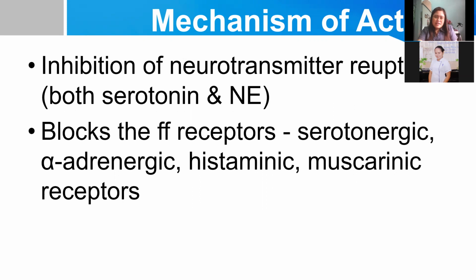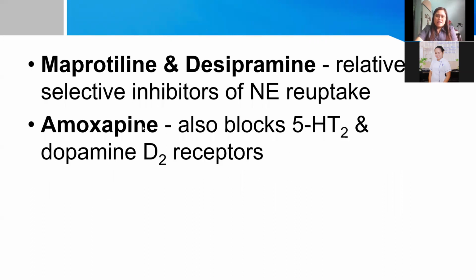So that is their difference. Now, just like SSRIs, aside from being serotonergic, they are also active in blocking alpha receptors, histamine receptors, and muscarinic receptors. However, the adverse effects they cause are much more severe compared to SSRIs. Maprotiline and desipramine are relatively selective inhibitors of norepinephrine reuptake.